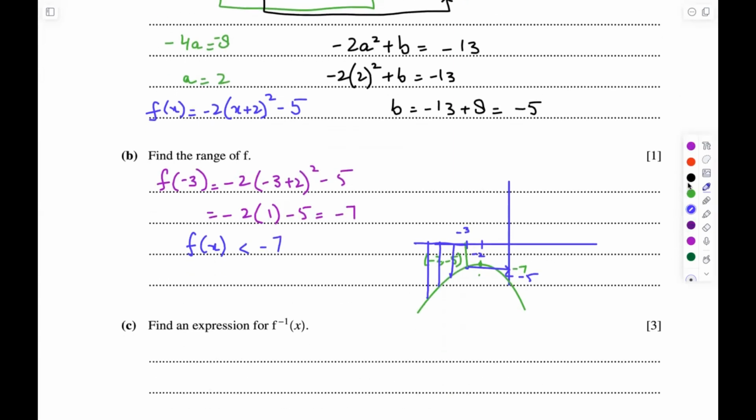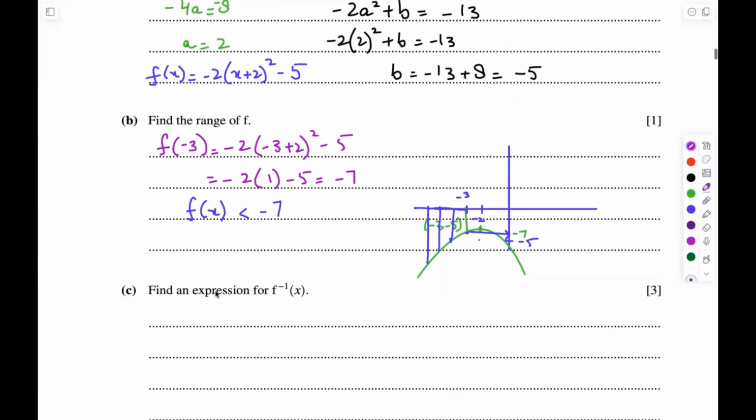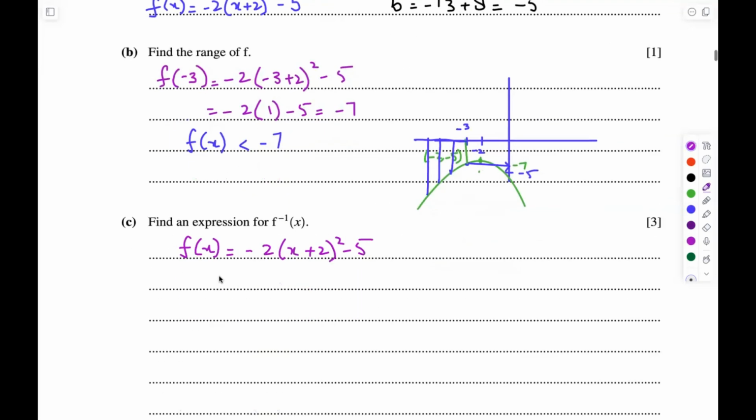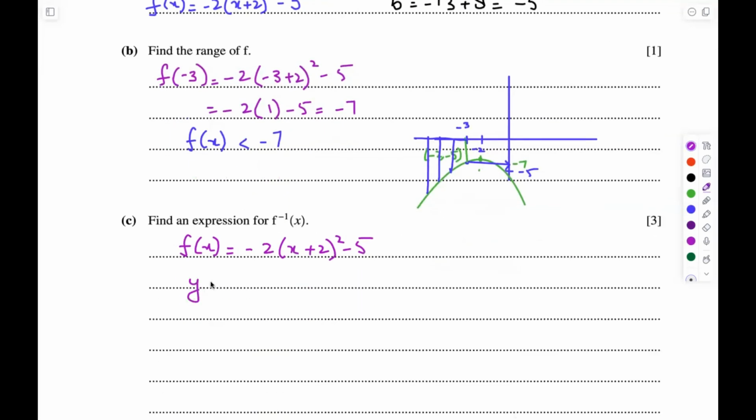In part C, we have to find an expression for f inverse of x. Now to find the expression for f inverse of a quadratic function, we always make sure that it is converted to the completed square form, which we already did in part A. So this was minus 2 into (x plus 2) whole squared minus 5. Finding the inverse, this will become y equals minus 2 into (x plus 2) whole squared minus 5.